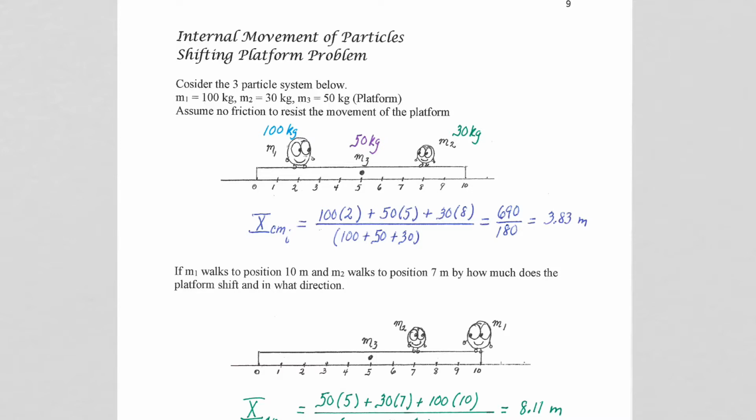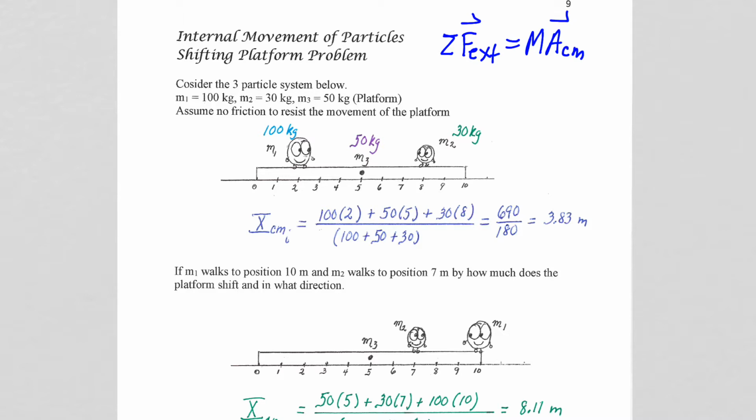Why is that? Well, if you recall from earlier in our notes, we had the sum of the external forces equals mass times the acceleration of the center of mass. Newton's second law. Well, all of the forces that we're going to be considering in the problem below are internal forces.